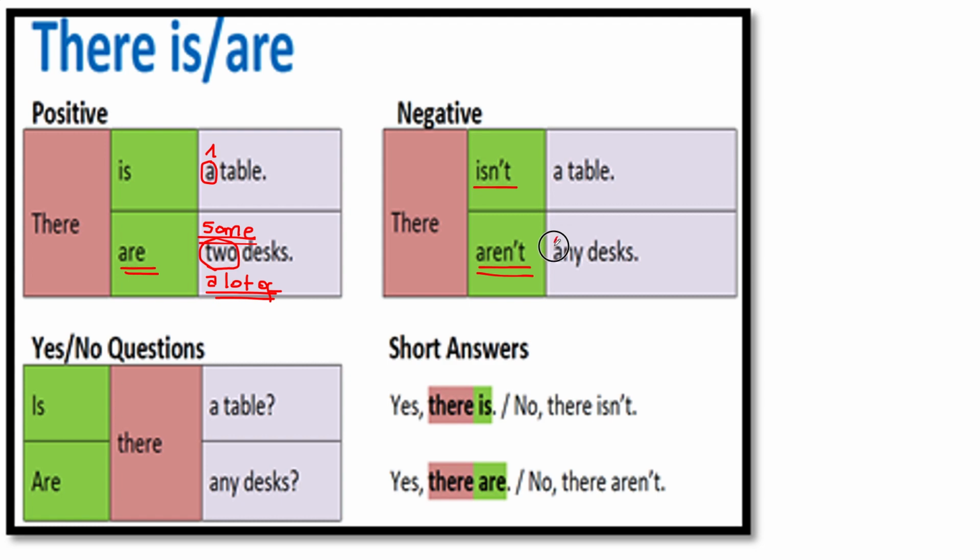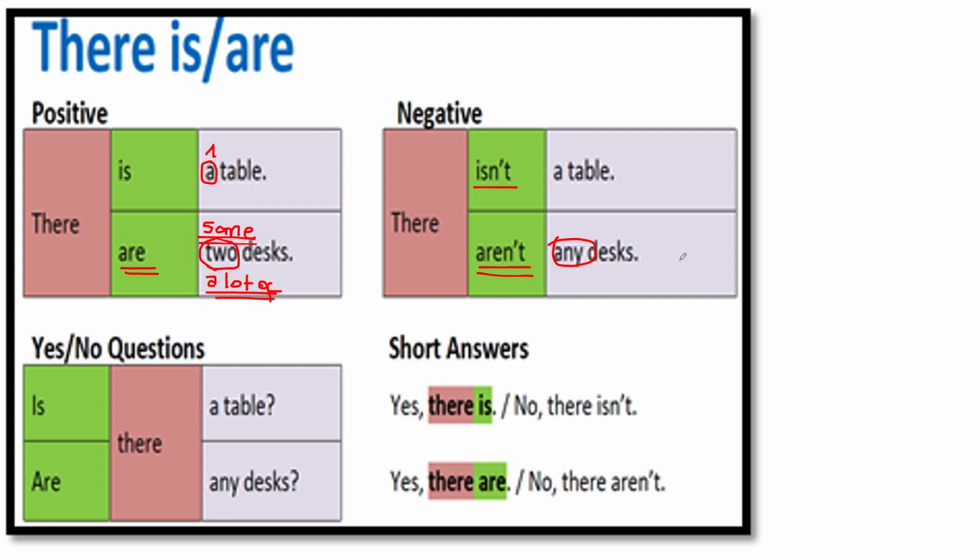Okay, and any here you use it to specify or to give more emphasis that there's nothing of this in this case. Yeah, you can say in the kitchen there aren't any bananas, for example. There aren't any, 0 bananas. Or you can say, for example, there aren't any people in the street at 8 o'clock.